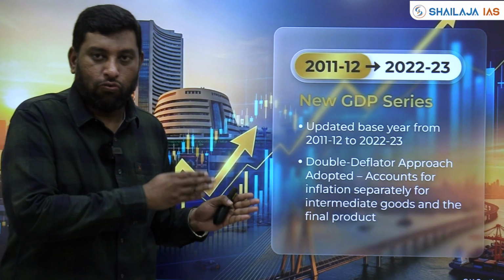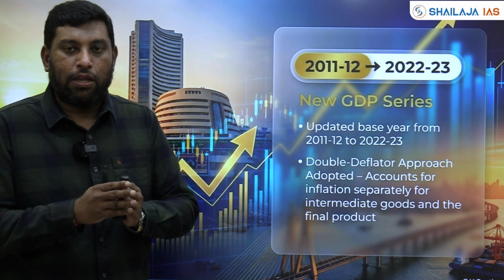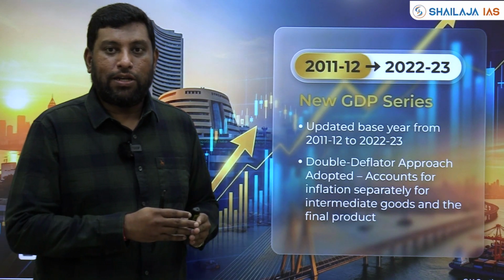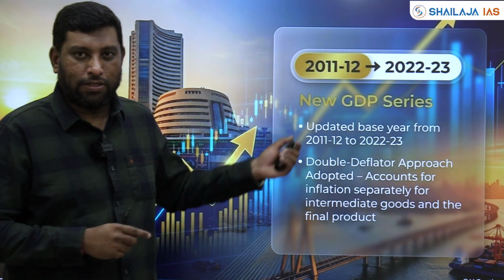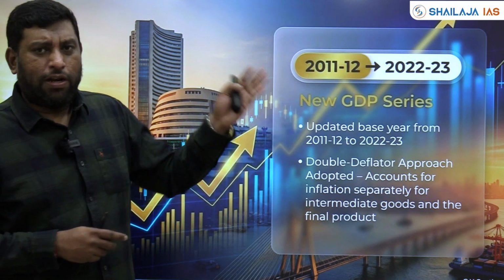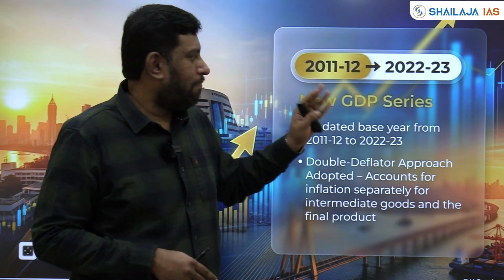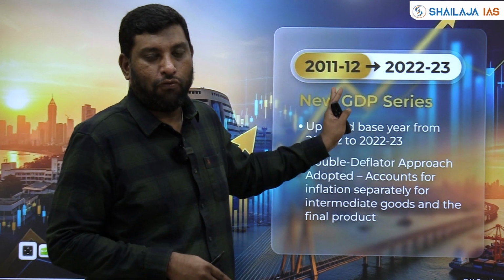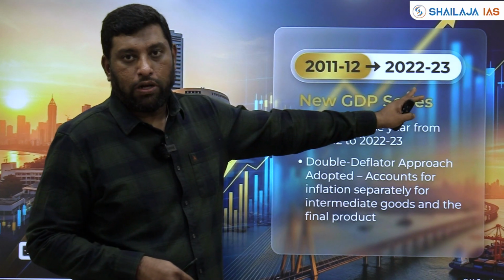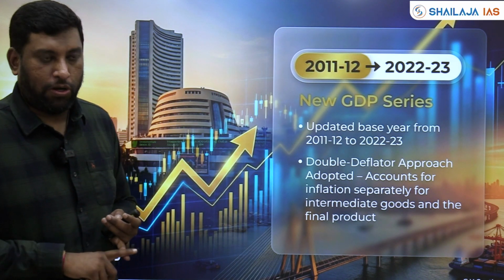It is necessary to move the base year periodically in order to get a more accurate understanding of the economy. Is that fine? So this is a very logical step. After 10 years, again, they are going to move your base year. So the base year has moved from 2011-12 to 2022-2023. That's the first important point.